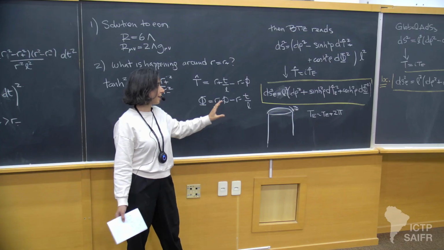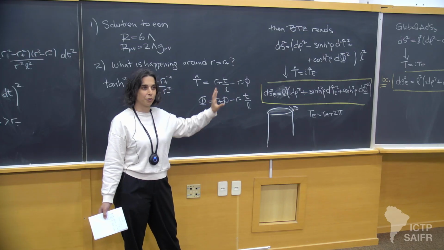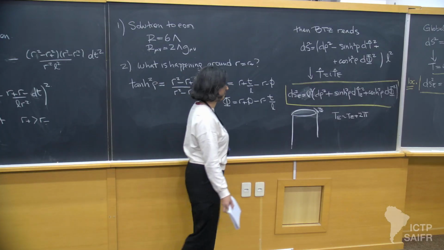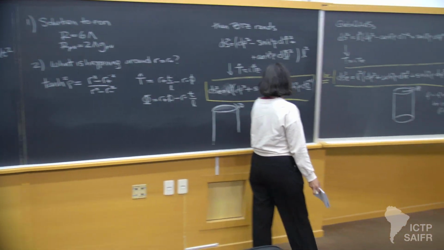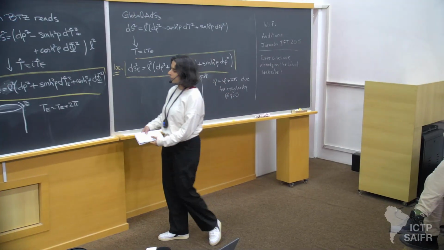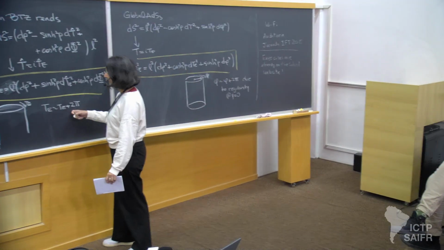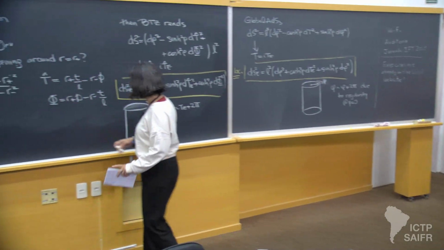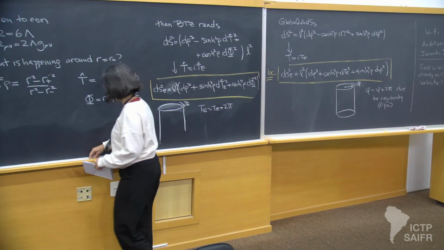In this case, I have the luxury of constructing for you exactly the coordinate system that takes you to this Rindler patch. And so this is my regularity condition on the Euclidean time. And if I track it back, I know this box is very important.